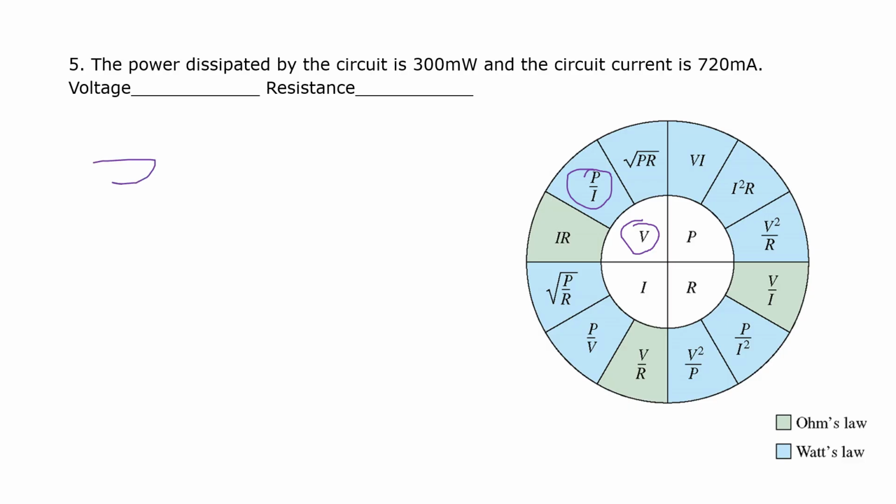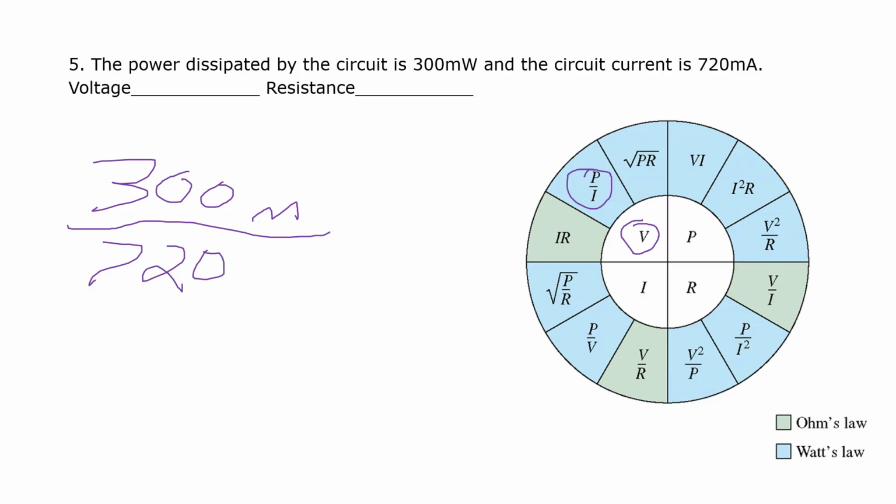So we take our 300 milli and we'll divide that by my 720 milli, and that should give me a beautiful, not really, 416.6666. We're going to round that up to 7, and we come up with a milli at the end of all of that. And of course, this is voltage, so that gets a V.